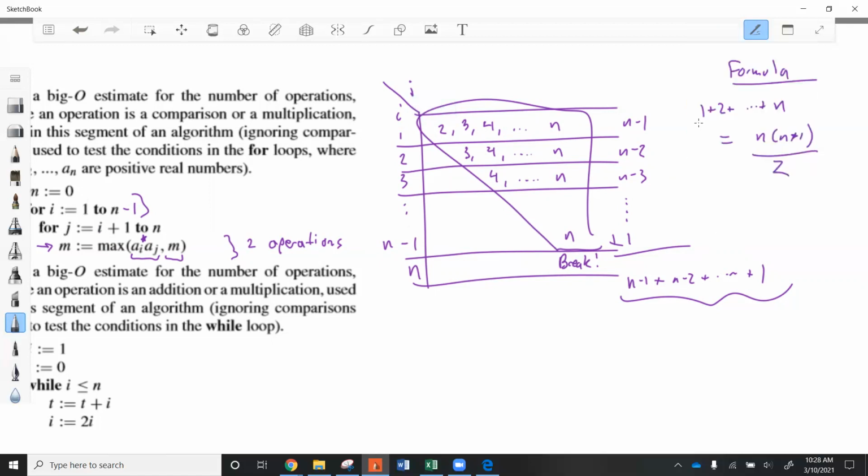So you can use this formula here, but this only goes up to n minus 1. So it's n minus 1 times n minus 1 plus 1 all over 2, replacing the n with n minus 1. And that ends up being n minus 1 times n over 2, so that's n squared minus n over 2.